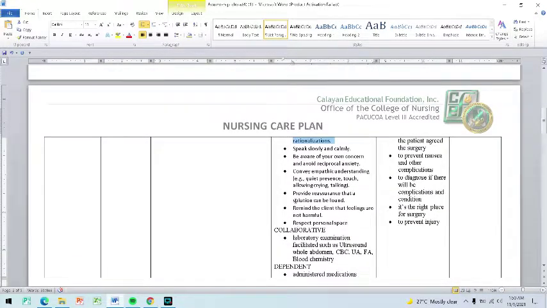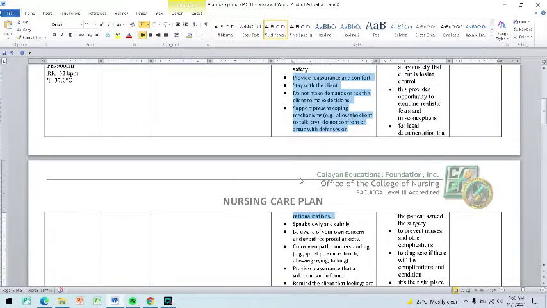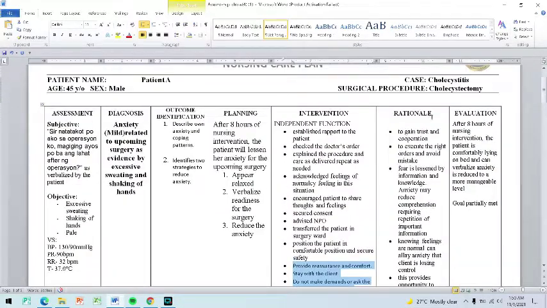You will just get only what is applicable to your client. Then the evaluation will be based on whether the outcome identification is met. So you will just focus on: after 8 hours of nursing intervention, the patient describes. Okay, we can add this one.